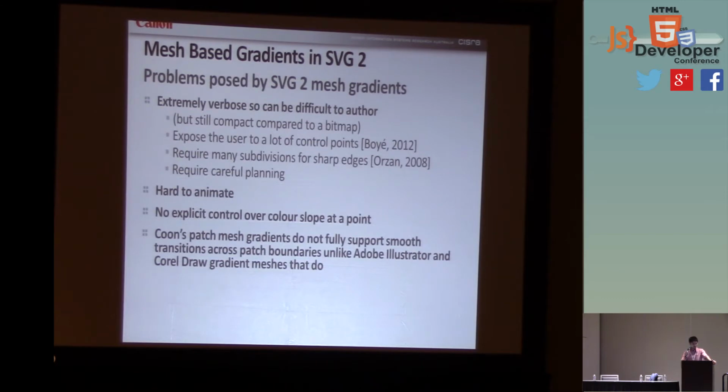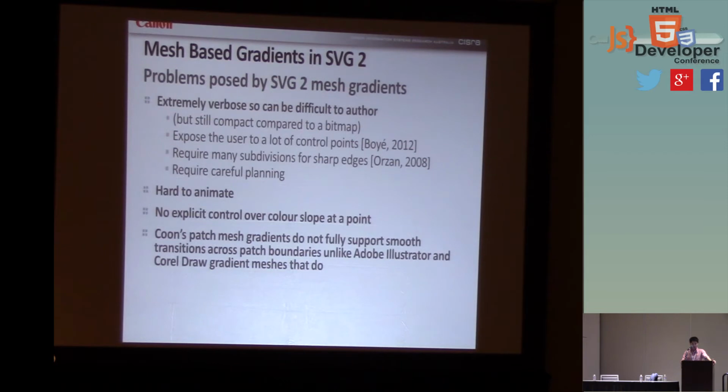Mesh gradients are an awesome thing to have in SVG in terms of lifting the quality of the images that you can create. But there are some issues, and these issues aren't necessarily specific to SVG. The SVG syntax is quite verbose, and mesh structures often require many control points. Some features, such as sharp edges, can require many subdivisions. Because of this, mesh gradients can be difficult to animate.